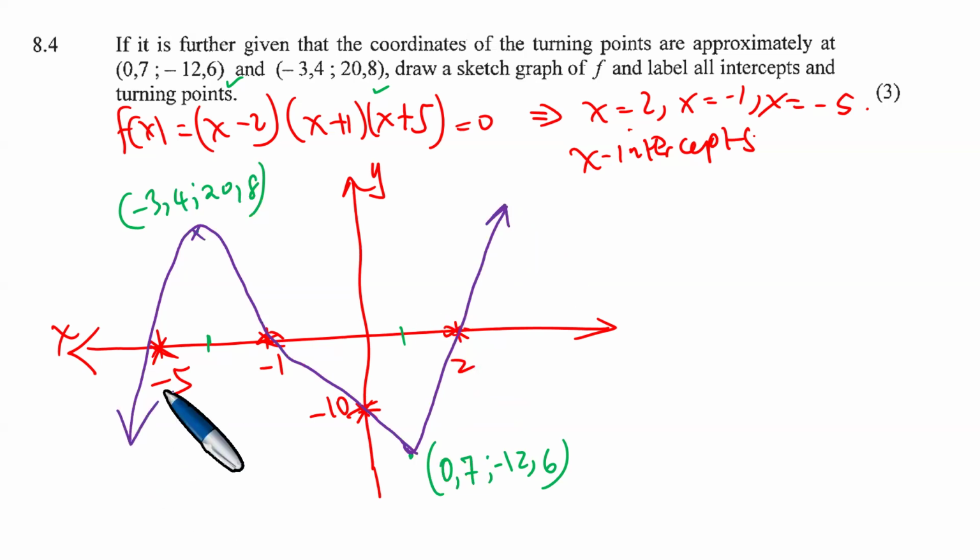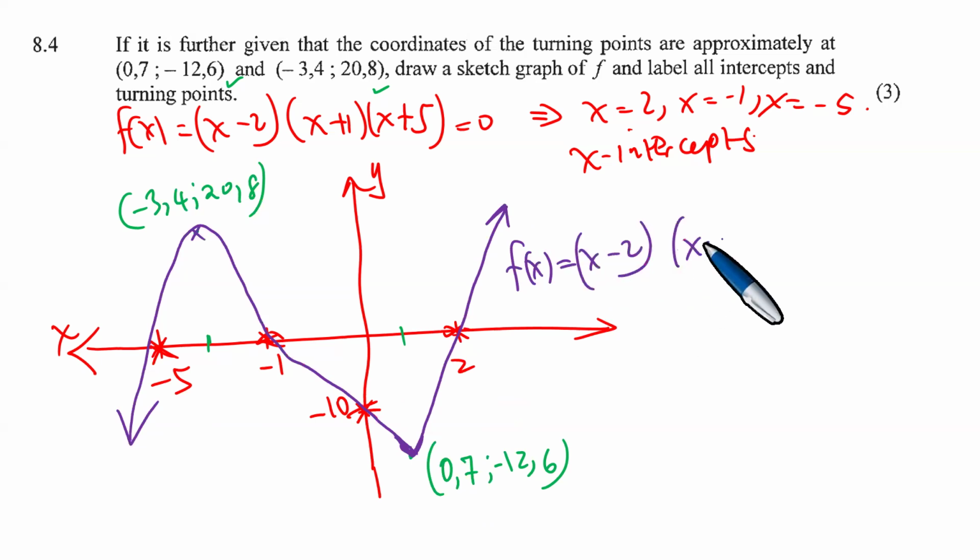So you have this and that, which means f of x equals x minus 2, x plus 1, x plus 5. So you have to draw the rough graph. That is the rough graph.